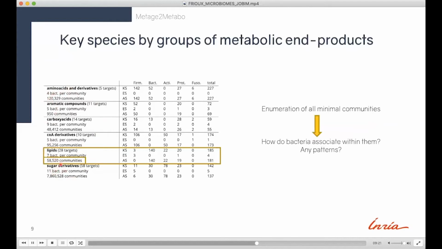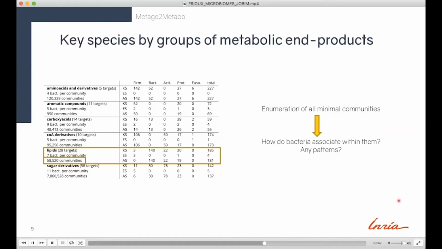And you can see that we have up to 7 million equivalent minimal communities for sugar derivatives. Fortunately, the number of key species is way smaller. For example, 185 species out of the 1,500 for lipids metabolites. And the number of essential symbionts is even smaller.